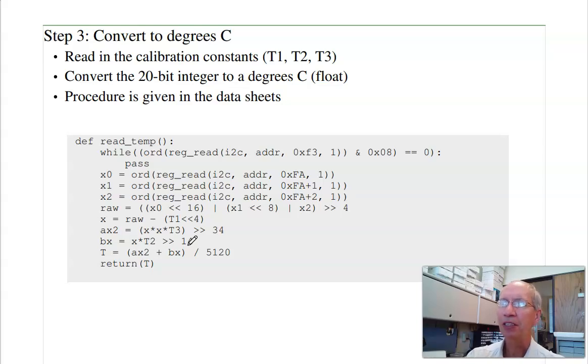If you look through the data sheet, this is the conversion from the raw reading to temperature. It's a parabolic curve fit. The constants T1, T2, T3 are stored in other registers on the BME 280 sensor. Once I get those constants, I can then convert the raw number to degrees Celsius, and here's your reading.